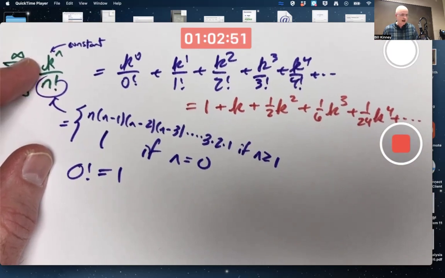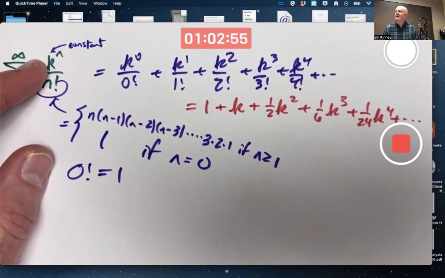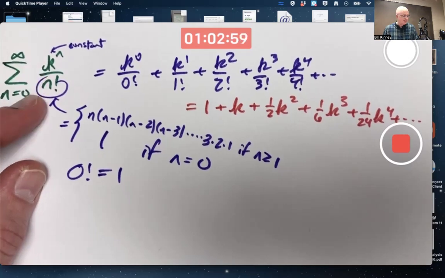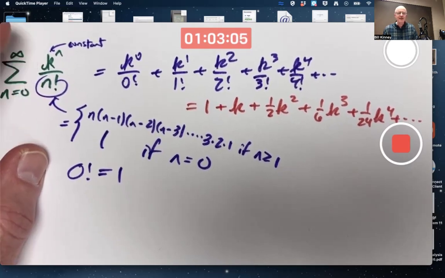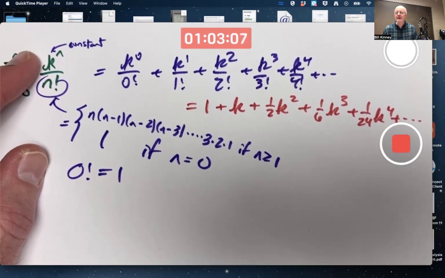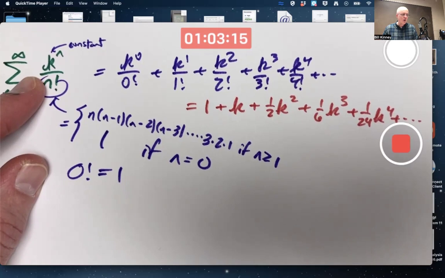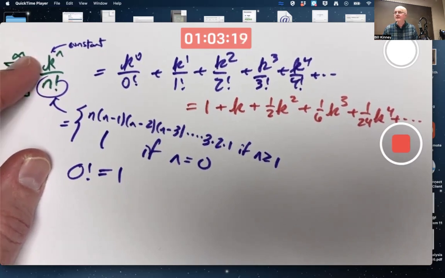If k is 10, if n is 10, I get 10 to the 10th on top, 10 billion, divided by 10 factorial, which is 3 million something. If n is 20, I get 10 to the 20th up here. What is that? Quintillion or hextillion or something like that. Divided by 20 factorial. Is that bigger or smaller than 10 to the 20th? It's not so clear.